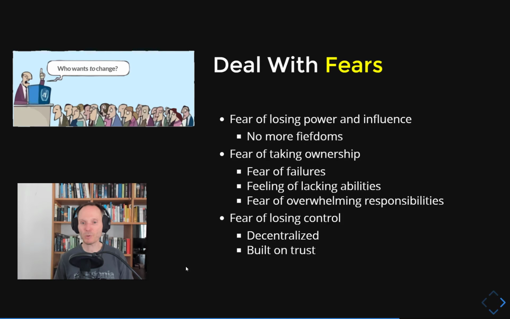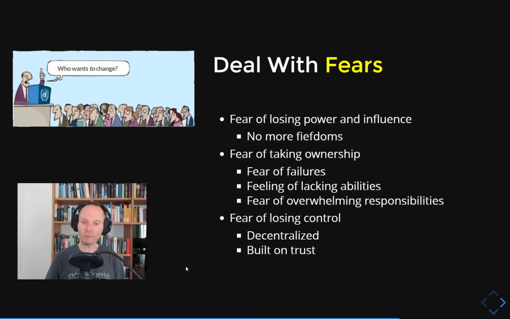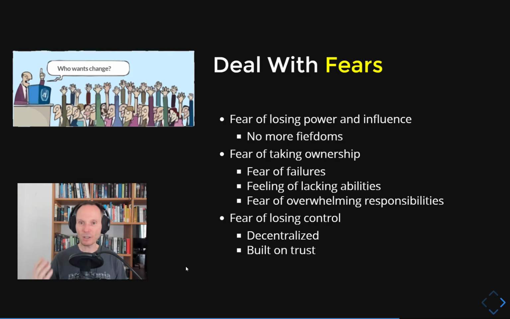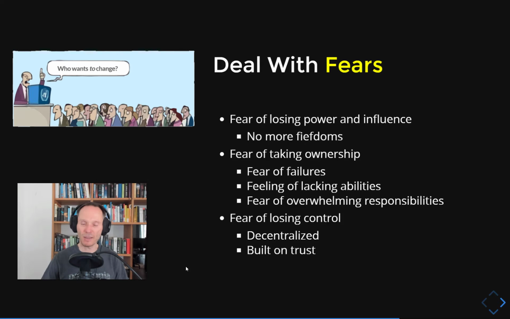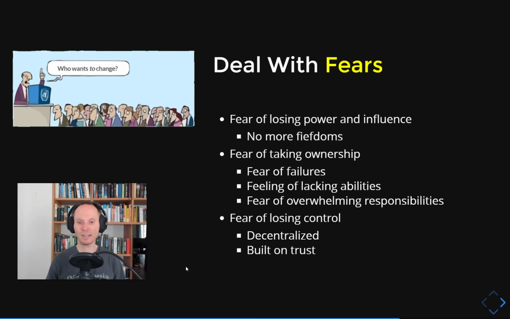From a management perspective, I often see that management is in fear of losing control. In the classical world, all these silos were driven by very strict policies. And now, with autonomous teams who are responsible not only for building the system, but also for running it and securing it, we have to allow a certain level of decentralization.